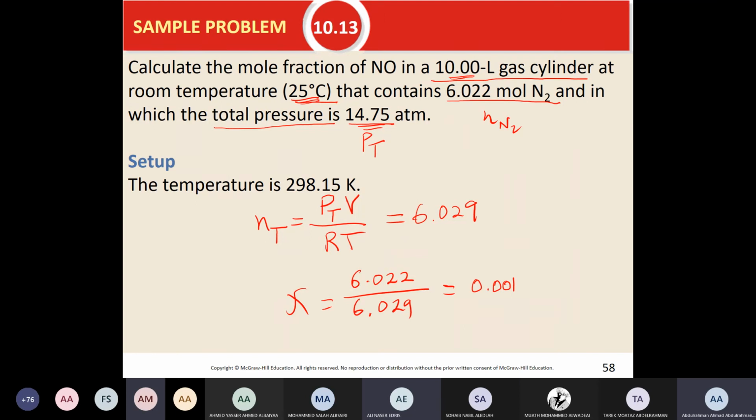The doctor isn't asking about N2, but NO. Oh, okay. Sorry. So it should be N total minus 6.022. Now, what's the mole fraction of what? This is the mole fraction of N2. Give me the answer here.